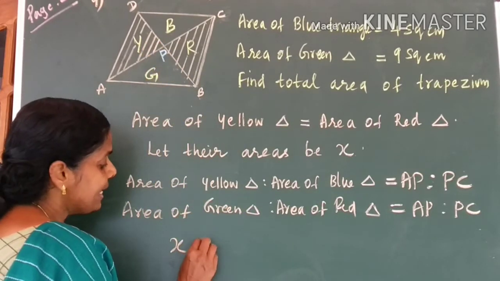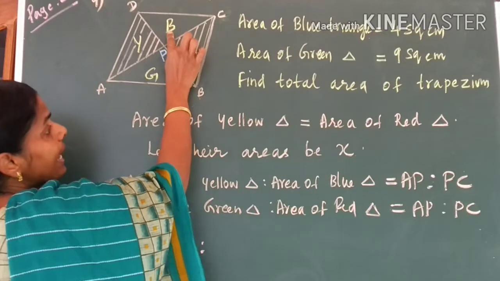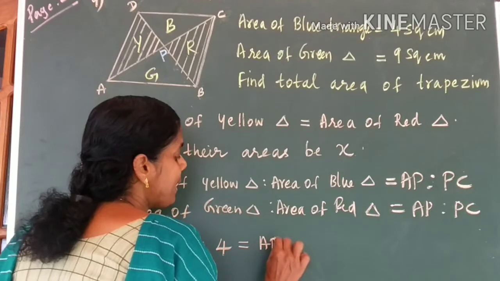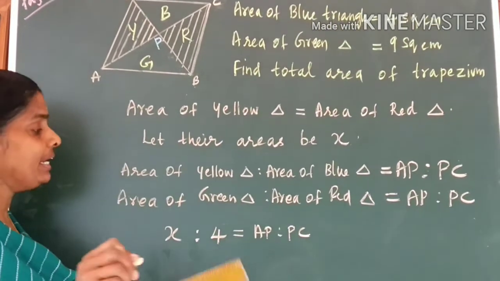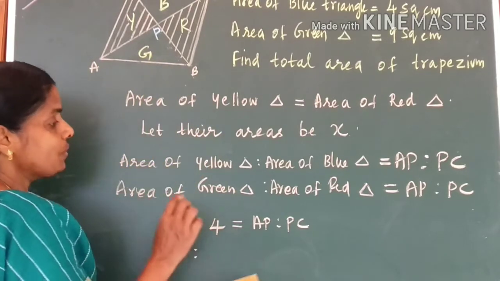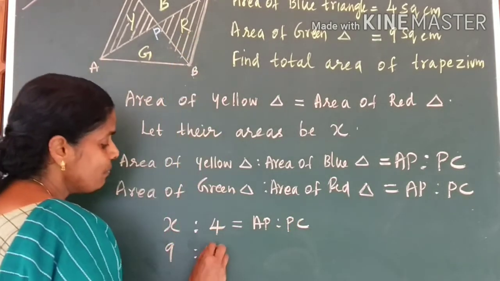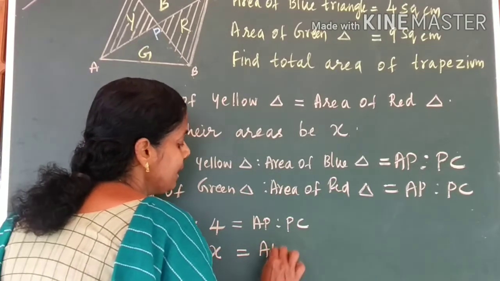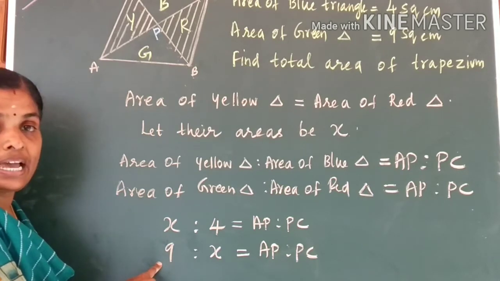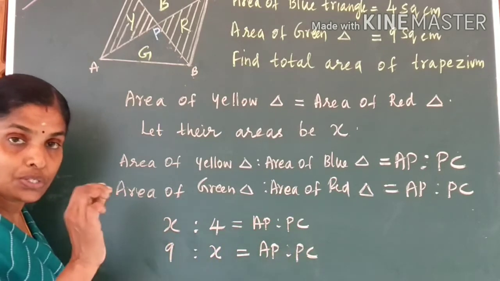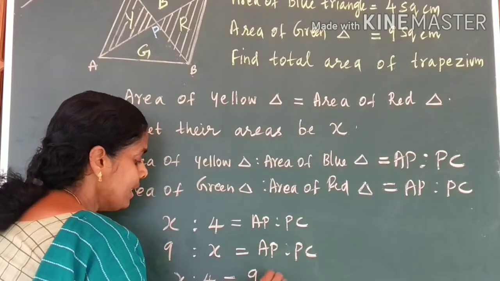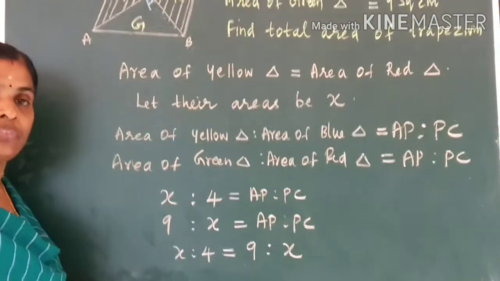So we can write x is to blue triangle's area, which is given to be 4, is equal to AP is to PC. Similarly, area of green triangle, which is 9, is to area of red triangle, which is x, is equal to AP is to PC. From these two, what did you understand? They are equal. So we can equate x is to 4 is equal to 9 is to x.